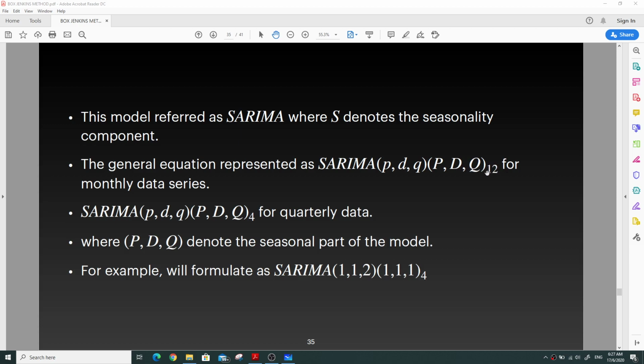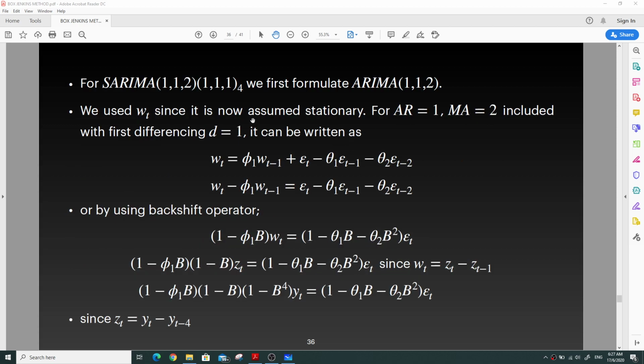The 12 here means that we have a monthly data series. The 4 here means that we perform the SARIMA model on quarterly data. For example, we formulate SARIMA (1,1,2)(1,1,1) for quarterly data. I hope you take a look at this equation.